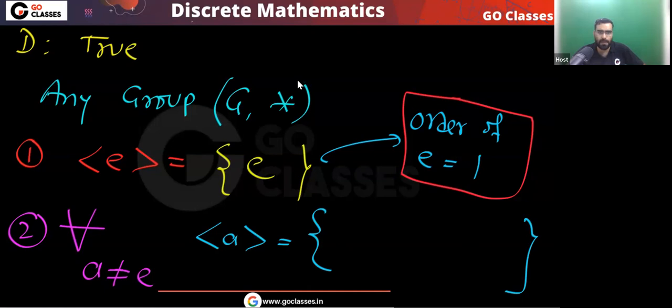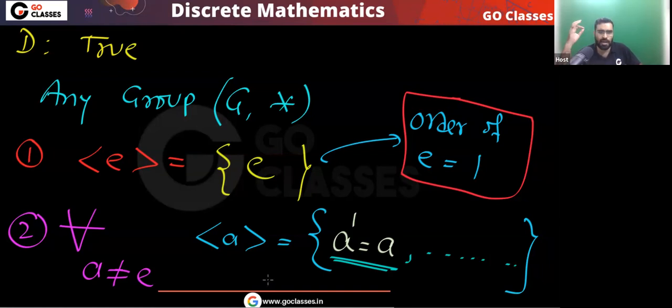At least 2 elements, because A power 1 will be A, and some more elements will be generated.